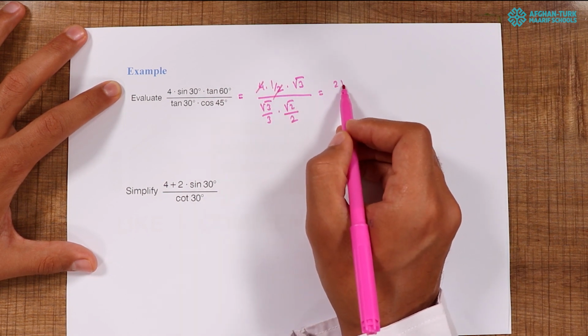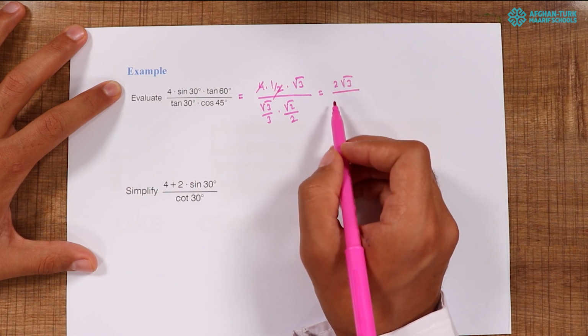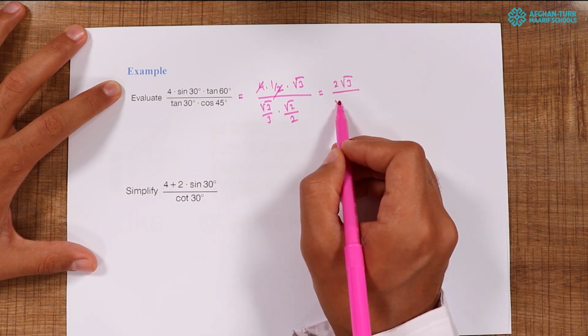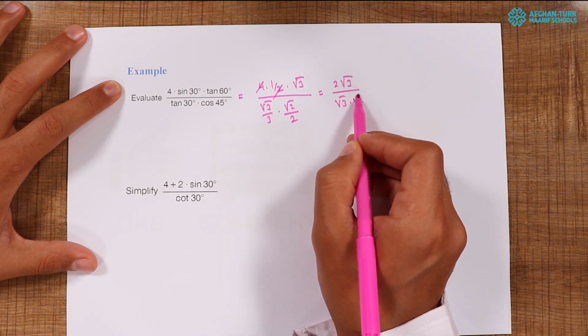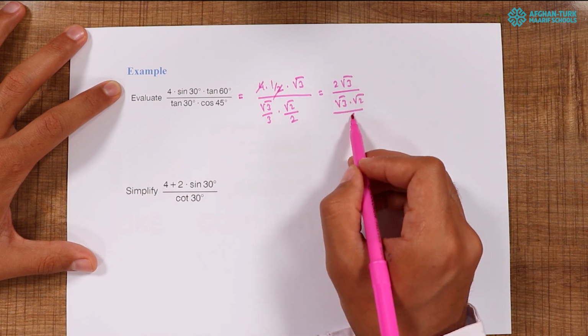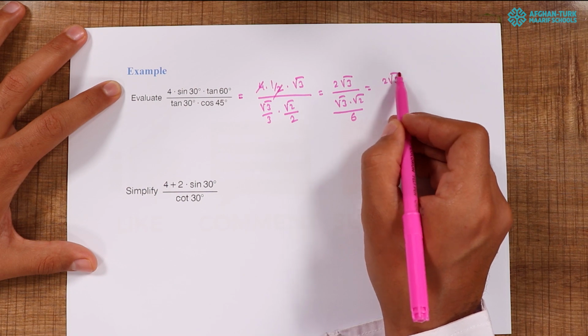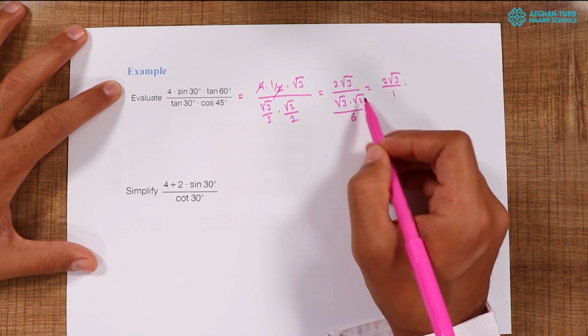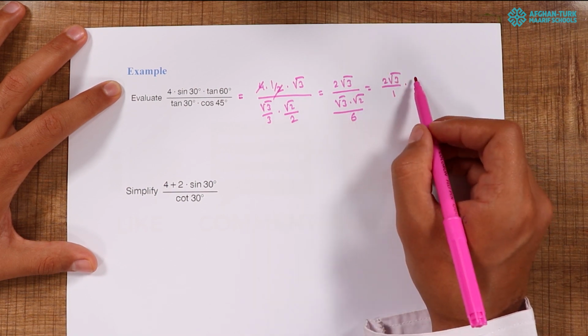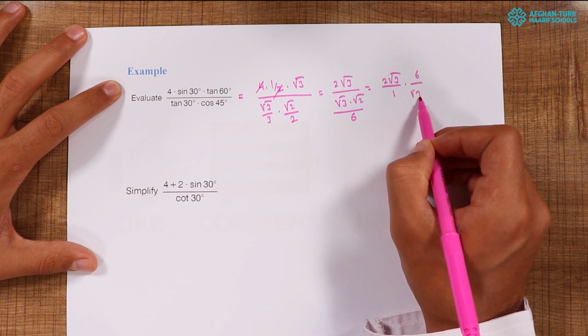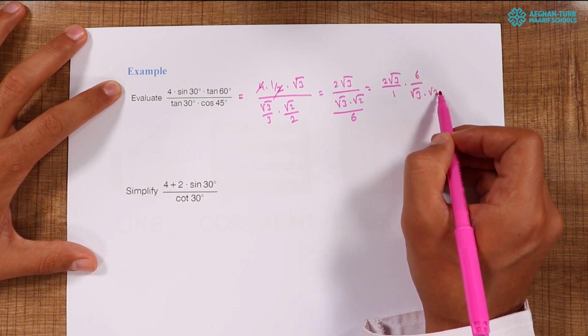Cancel 2, square root of 3 over, okay? The square root of 3 times the square root of 2 over 3 times 2, 6. We can write like this, 2 square root of 3 over 1 times, we have to reverse the second fraction, 6 over the square root of 3 times the square root of 2.